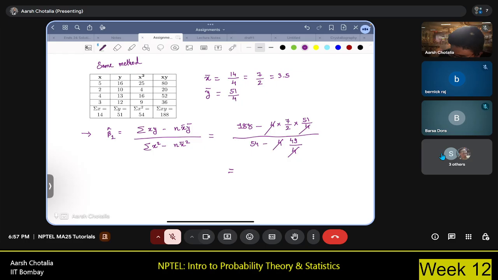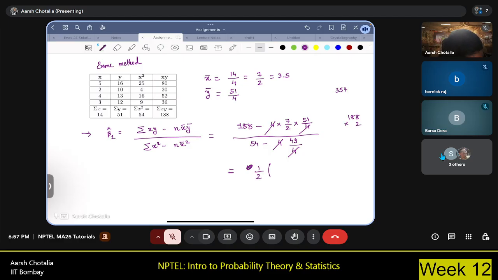So you are left with, I think, and okay, let's do it. 188 minus 51 times 7, that is 357. So this is 188 into 2. Right?